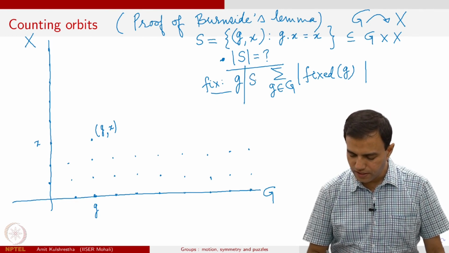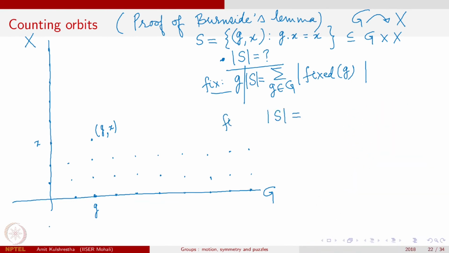And this is the size of S. So here is another way of estimating the size of S: you fix an element x in the set, and then ask how many elements of the group are fixing that x. That is the size of the stabilizer of x, and then you just take the summation, and the two numbers are equal.